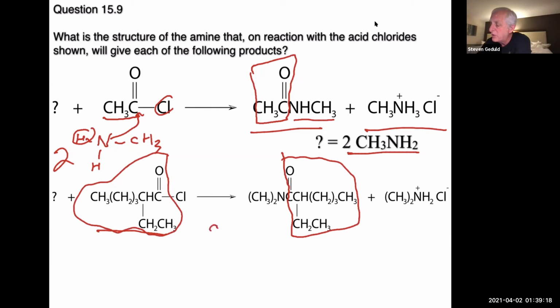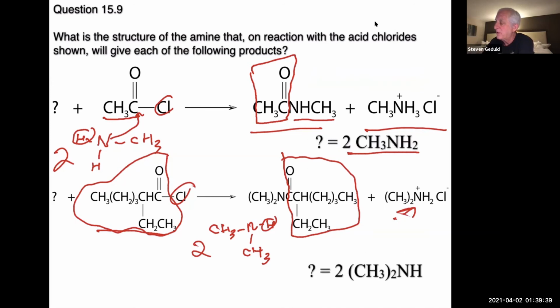So we're adding a CH3 and an H, and we need 2 of those. Remember that H is going to react with the chlorine to produce your ammonium chloride over here. So this is the compound we need: we need an NHCH3 twice. This is exactly what we're starting with, and we need 2 of them.